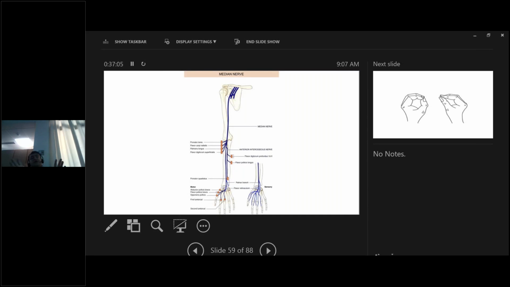If these muscles are involved with numbness over the first 3 fingers, that goes with the carpal tunnel. Now, if the pronator teres is involved, which is the first branch, that means the lesion is proximal to the pronator teres.